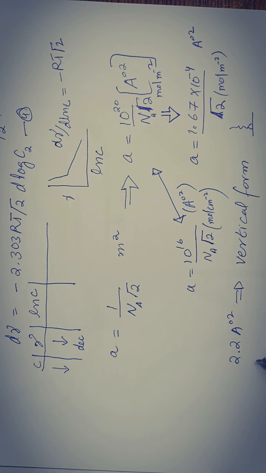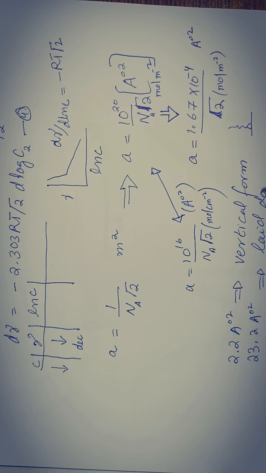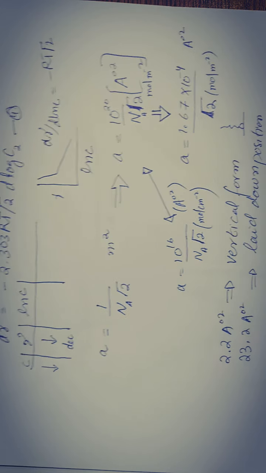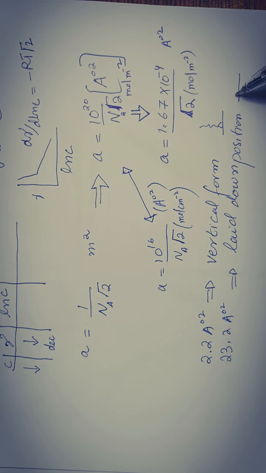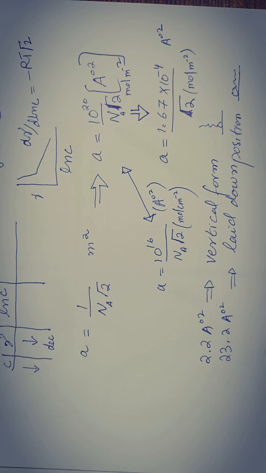And when the area is roundabout 23.2 angstrom square, then this is the laid down position of surfactant over the surface of solvent, and an area between these two values will have a bent position like this.